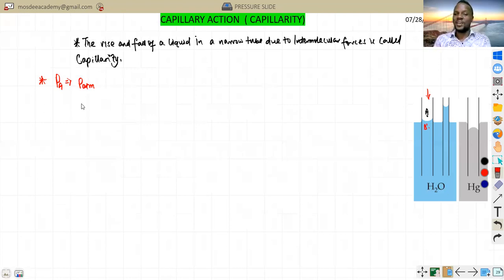The next one is, let's consider the second point, which is directly below the surface at A. The pressure at B will be lower. Remember, pressure increases with height. Now B is right below A. So the pressure at B will be our normal pressure minus h rho g. Everybody knows the formula for pressure.